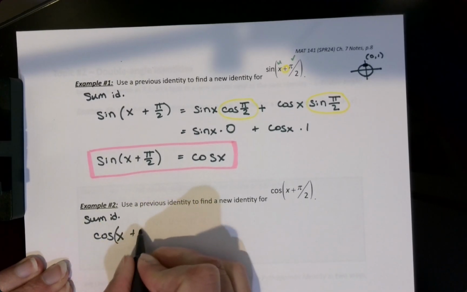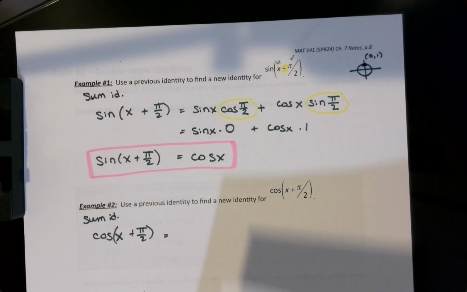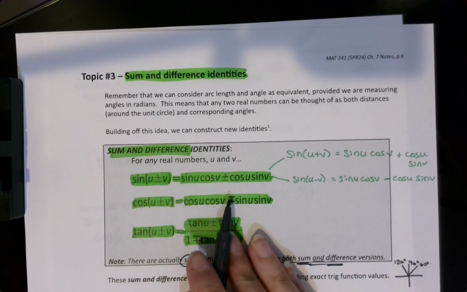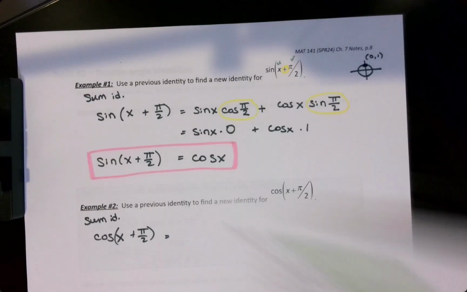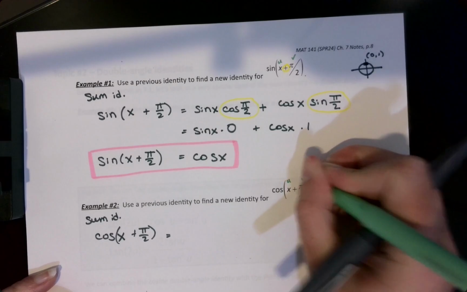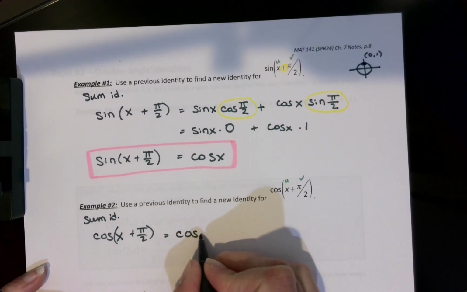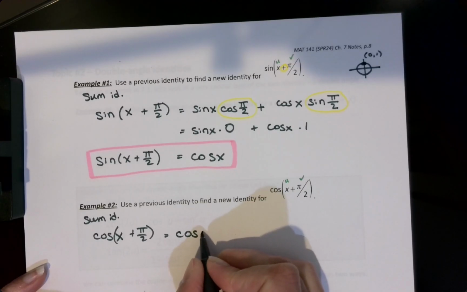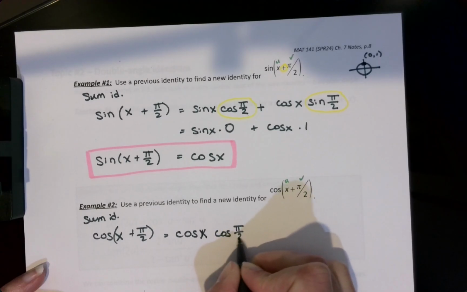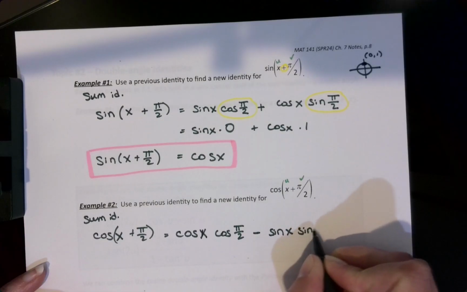Cosine of x plus pi halves is going to be equal to, make sure you take a look at your sum identity for cosine, cosine of u, cosine of v, minus sine of u, sine v. We are again using a u of x and a v of pi halves. So this is cosine of x, cosine of pi halves, minus sine of x, sine of pi halves.